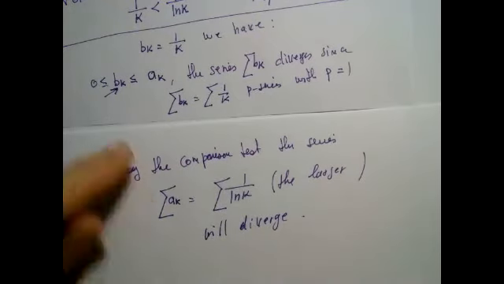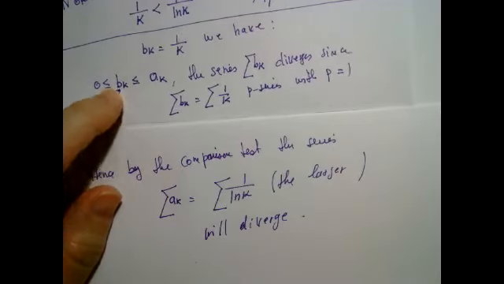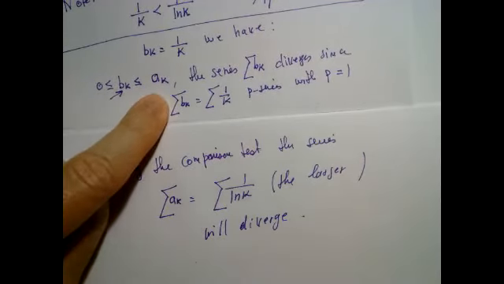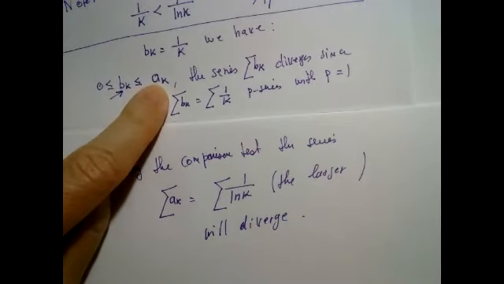Okay. So if sigma BK converges in this setting, sigma AK, I have no clue. If the smaller one converges, I have no idea what happens with the bigger one. It may converge or diverge. I don't know if I'm answering your question.